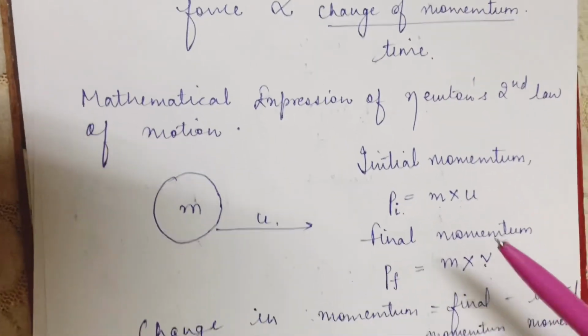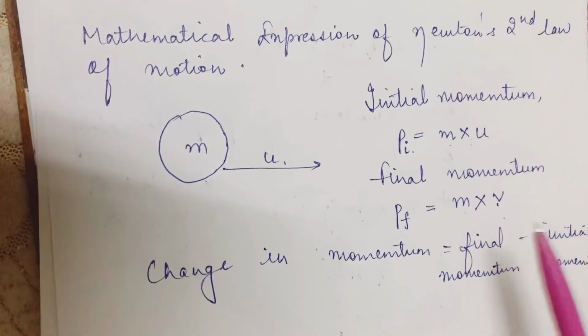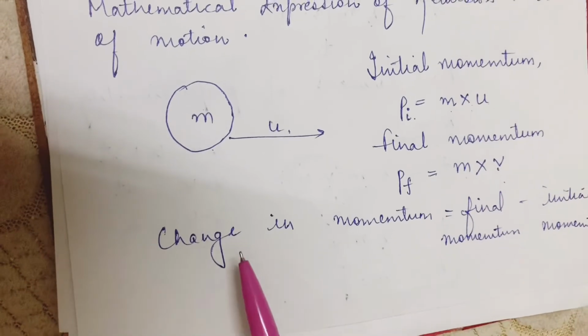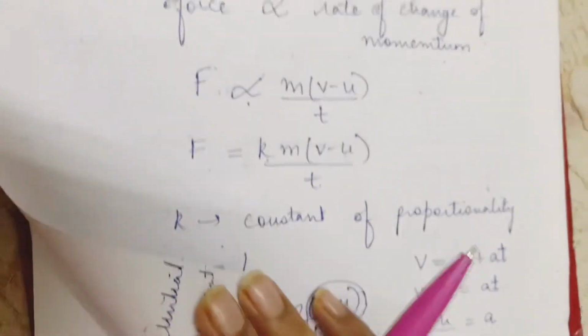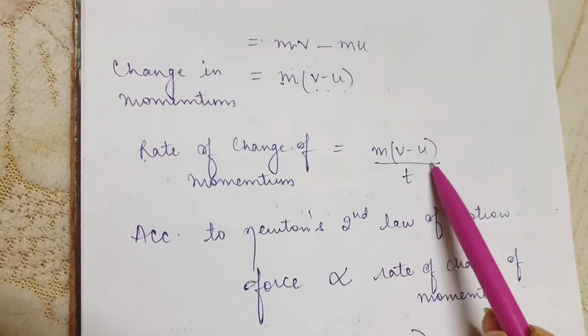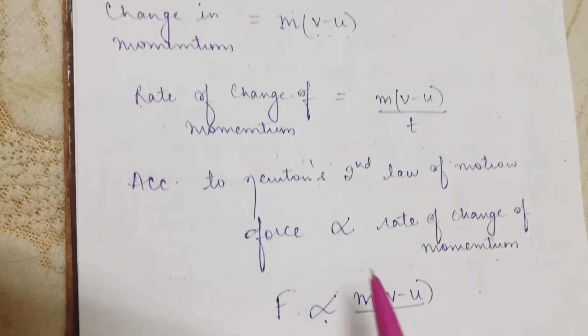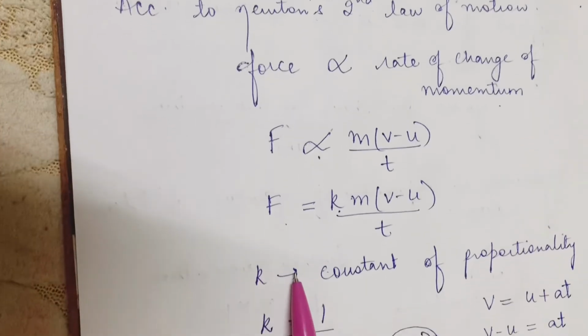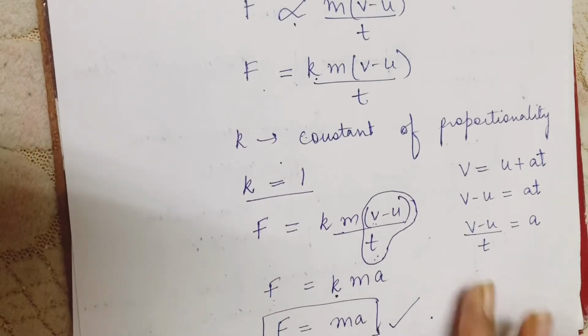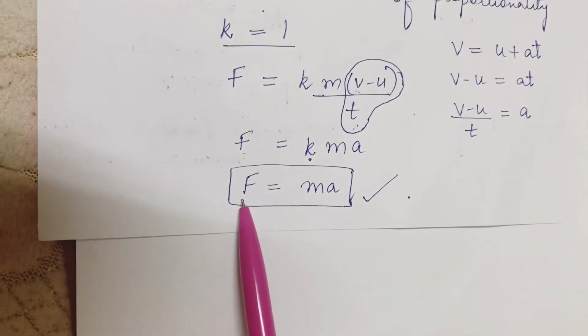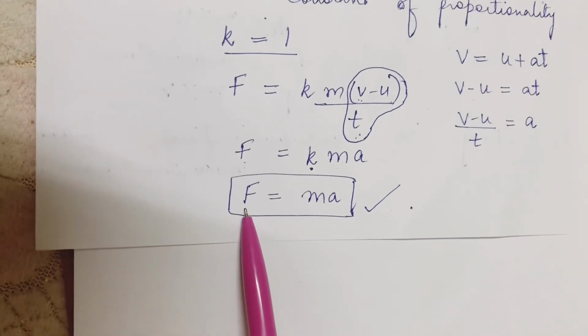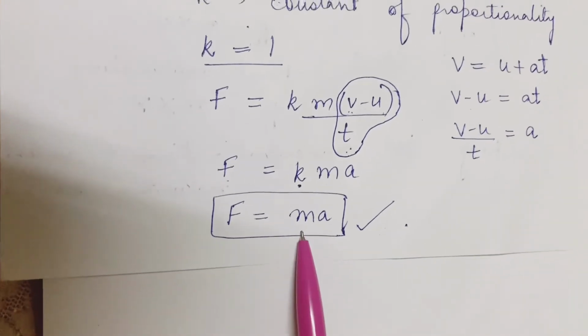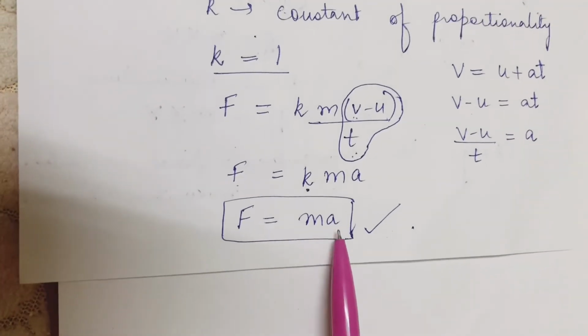We took initial momentum equivalent to mu, final momentum mv, and the rate of change of momentum was equivalent to (mv minus mu) upon t. Then we substituted all the values in the formula and we deduced the relationship of force, that force is equivalent to the product of mass and acceleration.